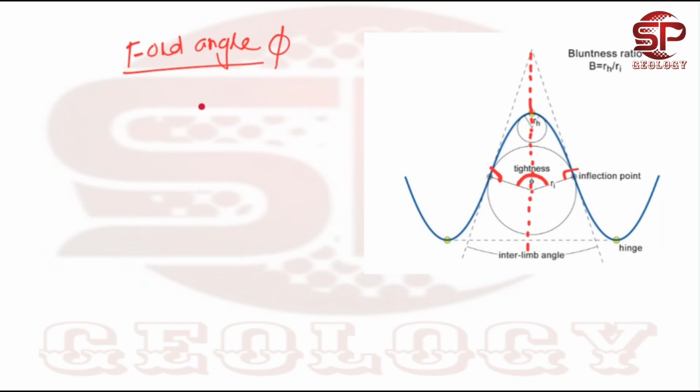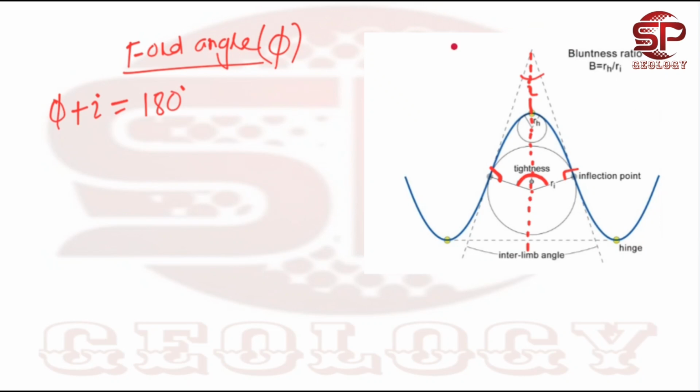It is phi. So phi plus I is equal to 180 degrees. This is your I, this is your phi. This is given as 180.